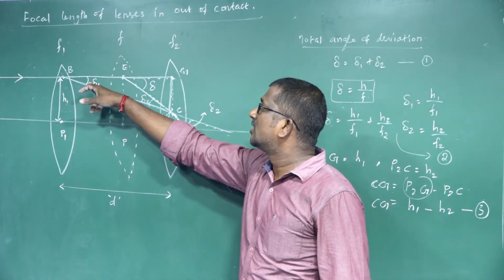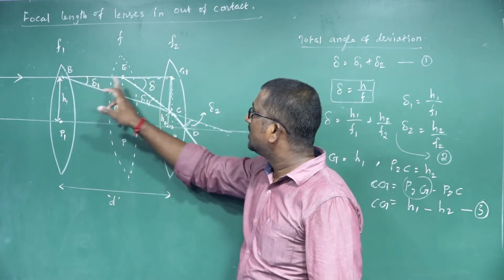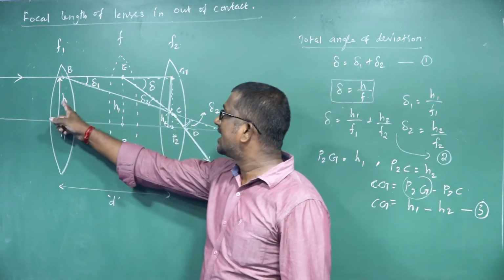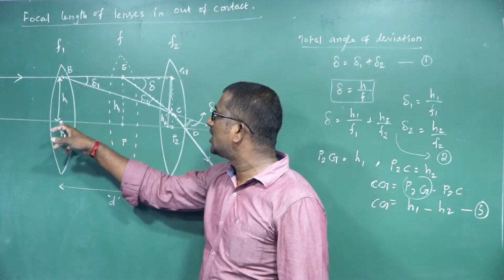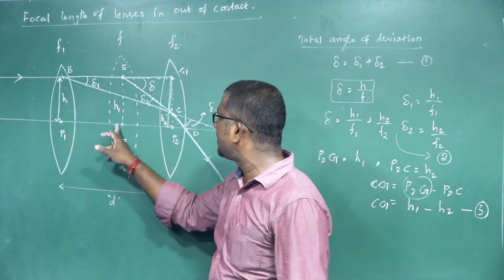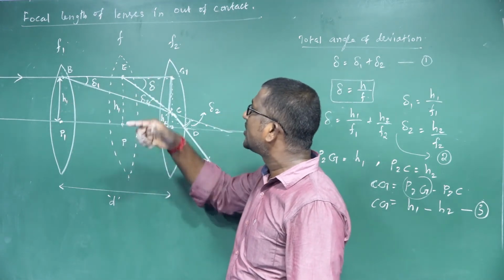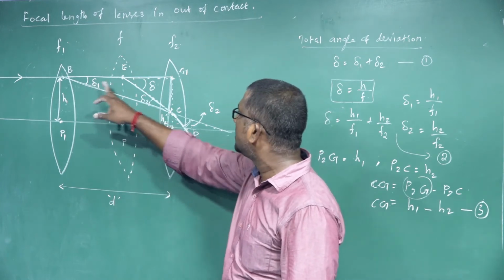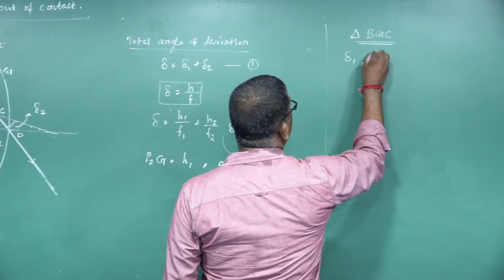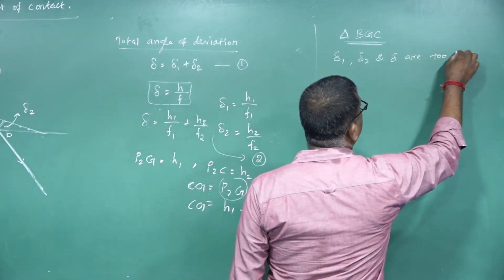Here del 1 and del 2 are too small, because the height H1 is too small compared to P1P and P2. If the height is too small, then the corresponding angles are also small. So del 1, del 2 and del are too small.